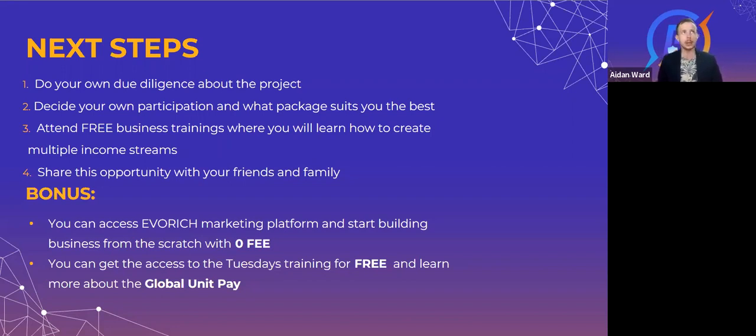Otherwise, you can ask them how many platforms they're actually using at the moment, or ask how good would it be if I could sort you out with a Swiss payment system account, and it wouldn't cost you a single cent. You get them into Global Unit Pay, you get them to onboard.